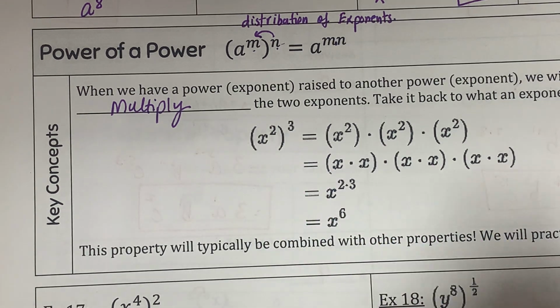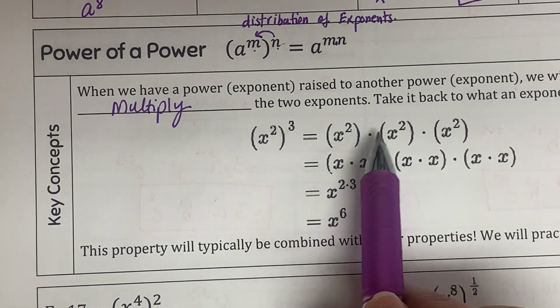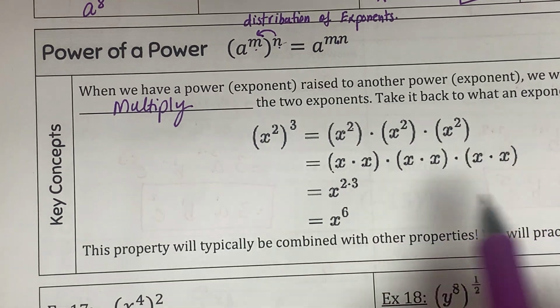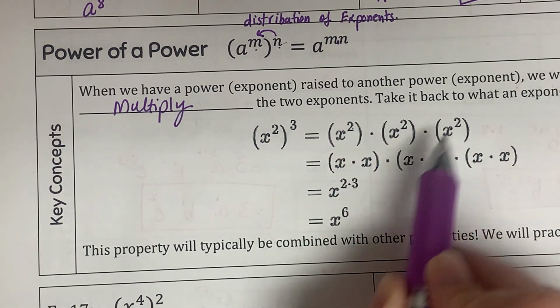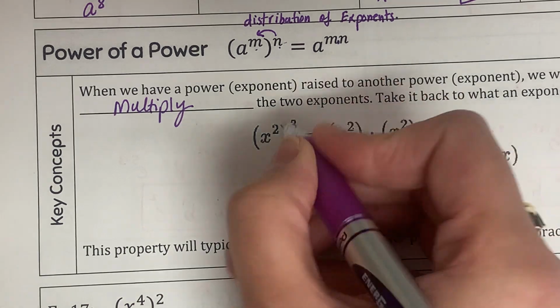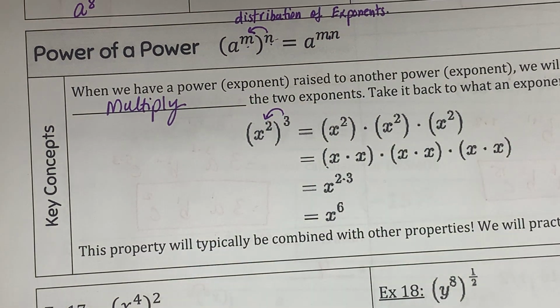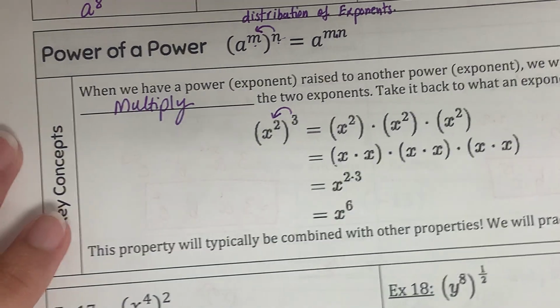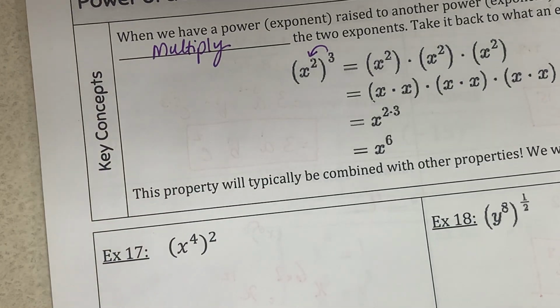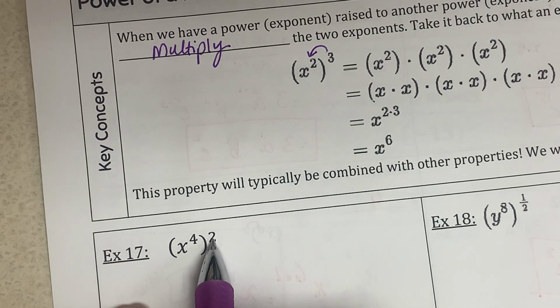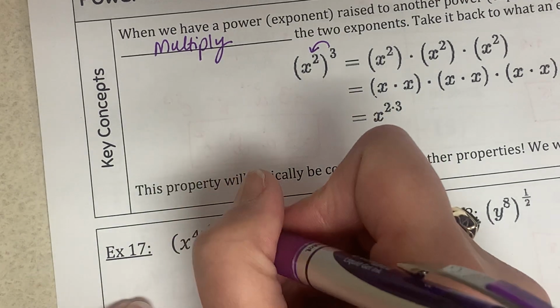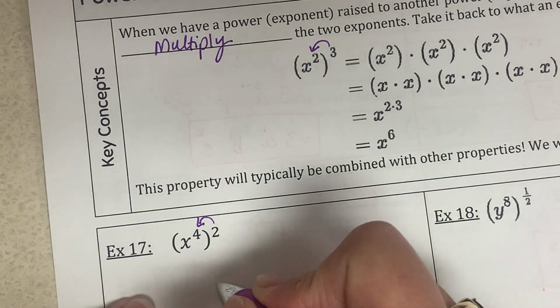So basically what it means is you have x squared times x squared times x squared, and then 2 plus 2 plus 2 is a 6. So your final answer should have been x to the power of 3 times 2, which is 6. So that's how they came up with this property. Whenever it's written like that, a power has a power, just multiply both of them together, so distribute nicely.